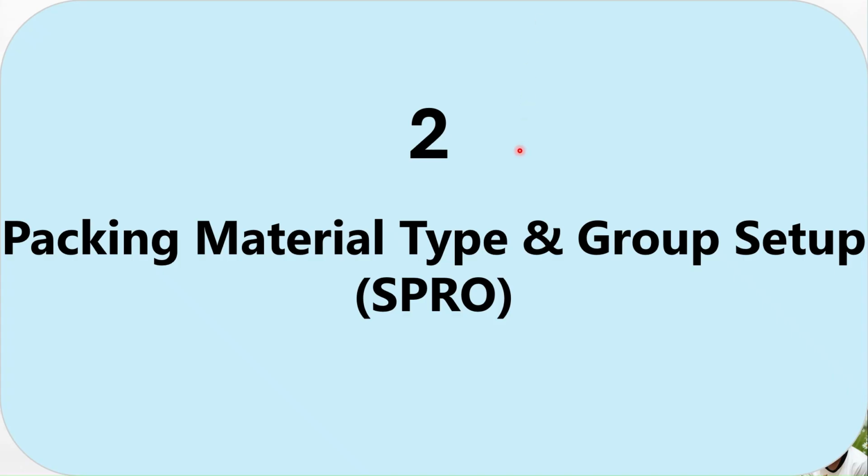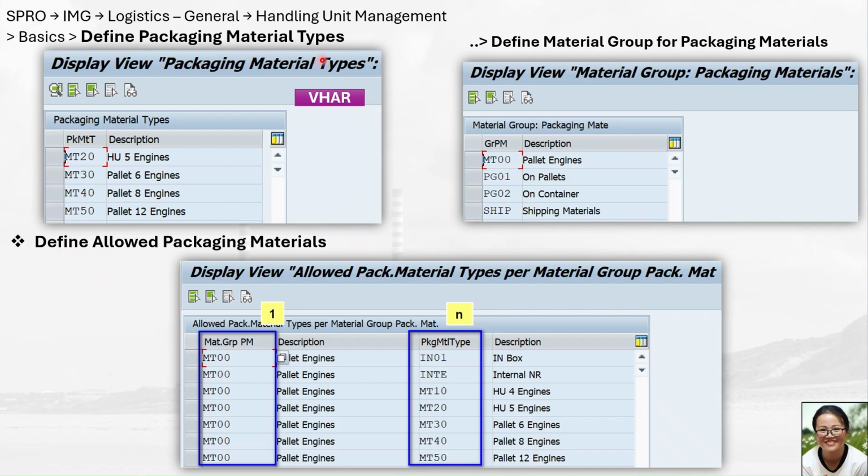And the second part is how to set up the packing material type and packing material group. To define the packing material type, you can use the IMG path like this, or use the T-code to define the packing material.